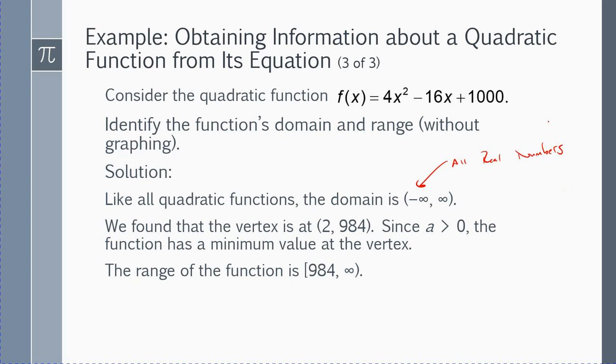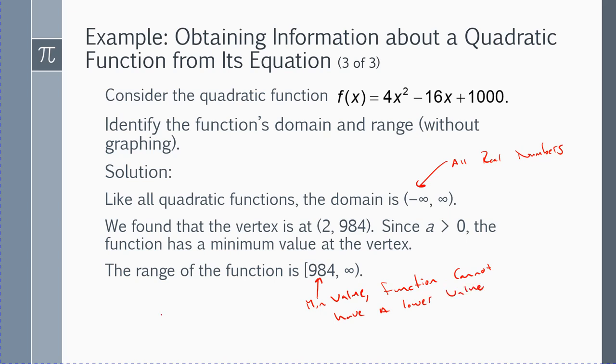Since a is greater than 0, the function has a minimum value at the vertex, so it's going to open up. So the range is actually going to be from 984 because this is the minimum value. Okay, the function cannot have a lower value. And it's going to go to infinity.